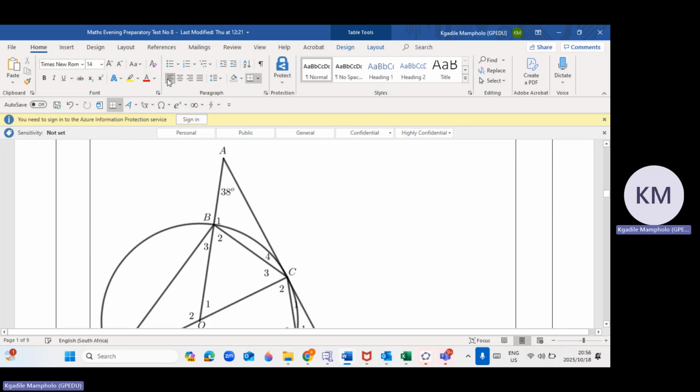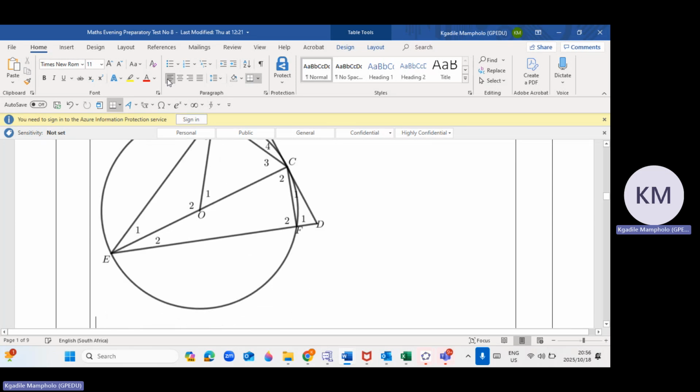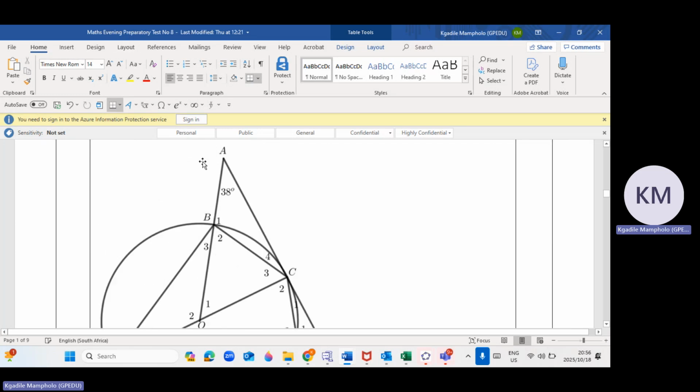The size of O1 will be, first we'll say, in which triangle is the O1 that we are calculating? The O1 can be in triangle AOC or triangle BCO. But now, we are going to use the triangle that has a given magnitude.